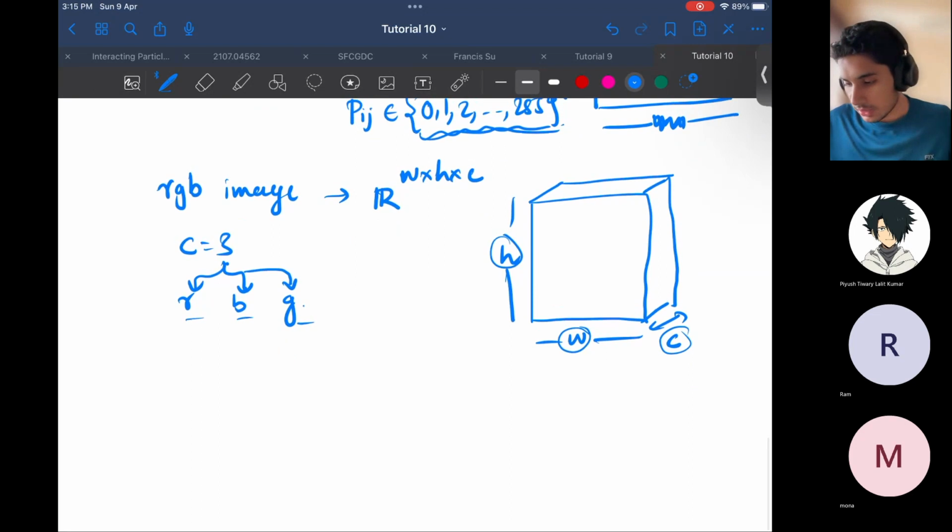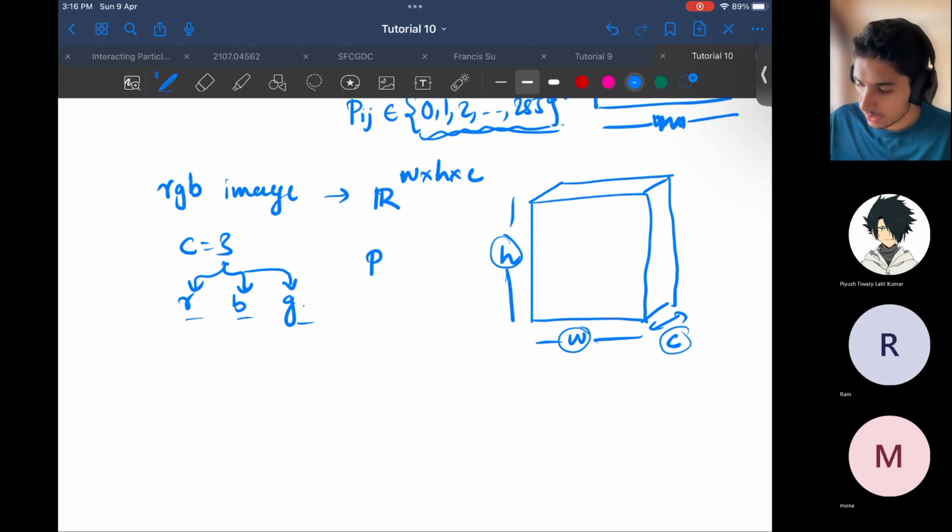Let's say I have to index a particular pixel in an RGB image. I will require three coordinates, I hope you will agree with me on that.